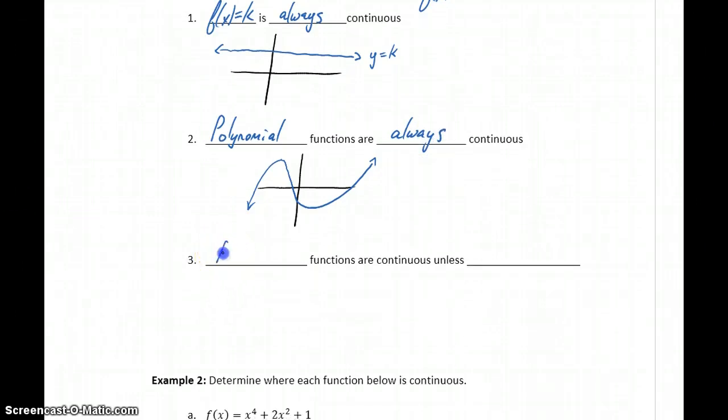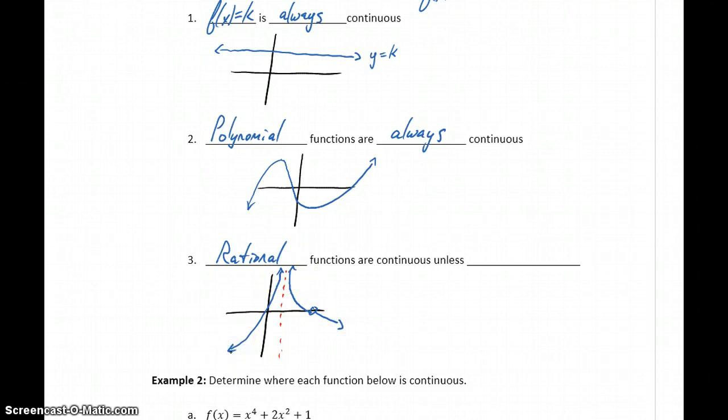And then our third case to consider will be rational functions. So rational functions can have places where our function is undefined, which means we'll run into one of two situations. If we have a point where our function is undefined, we could have a vertical asymptote, or we could have a hole in the graph.